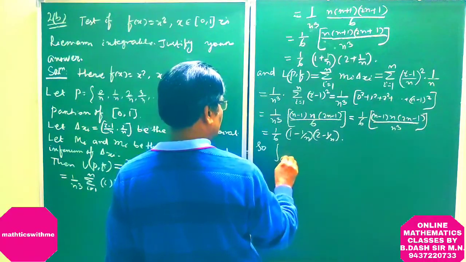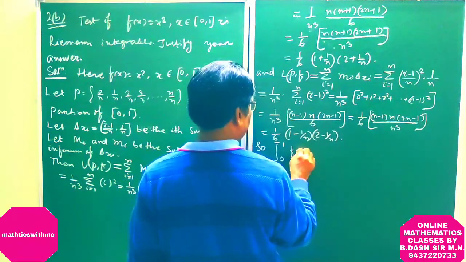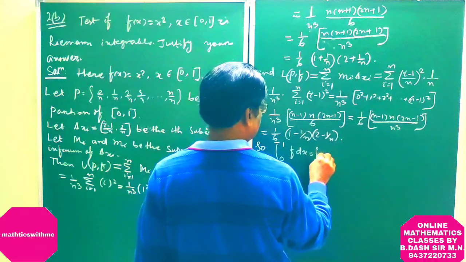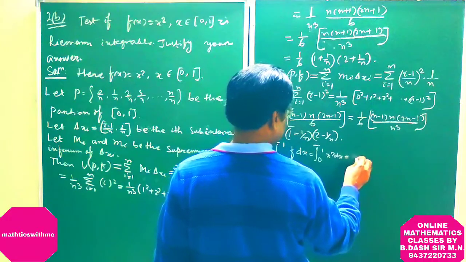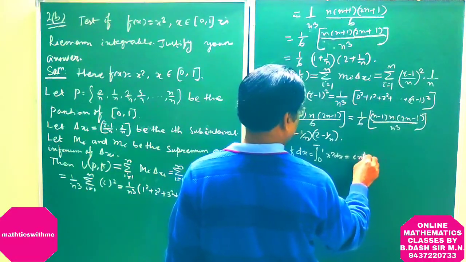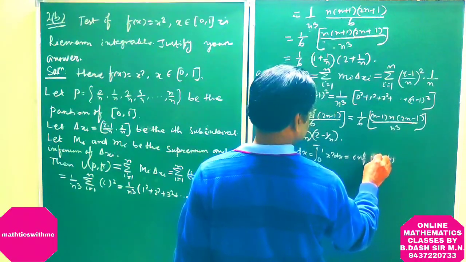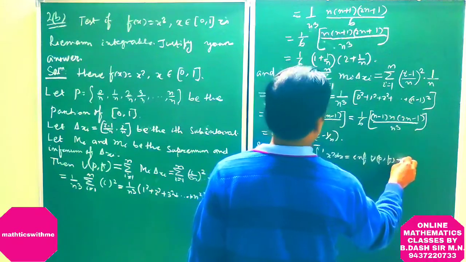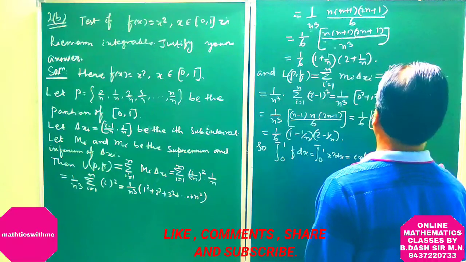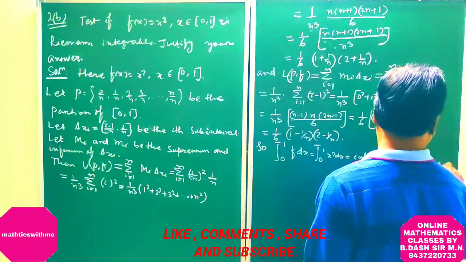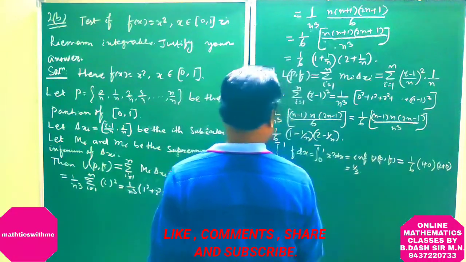So the upper integral of f dx from 0 to 1, the upper integral of x square dx, is equal to the infimum of UPF. This is equal to 1 by 6 (1 plus 0)(2 plus 0), putting any 0 in front, which is equal to 1 by 3.